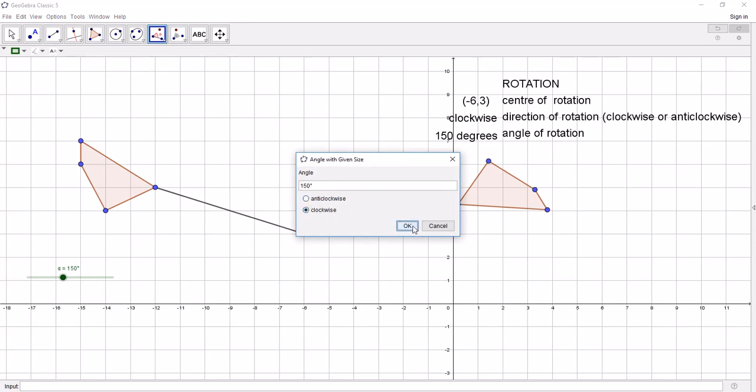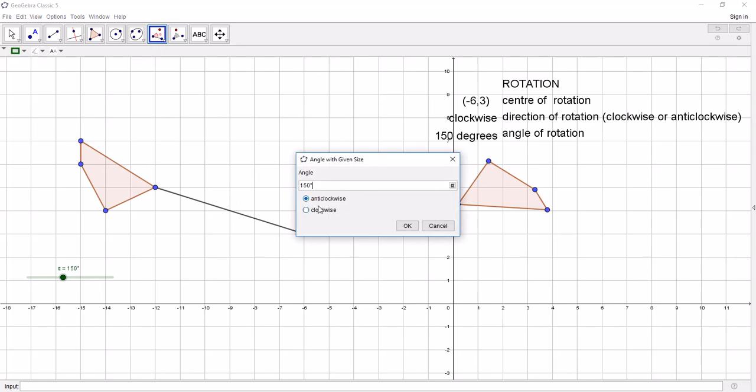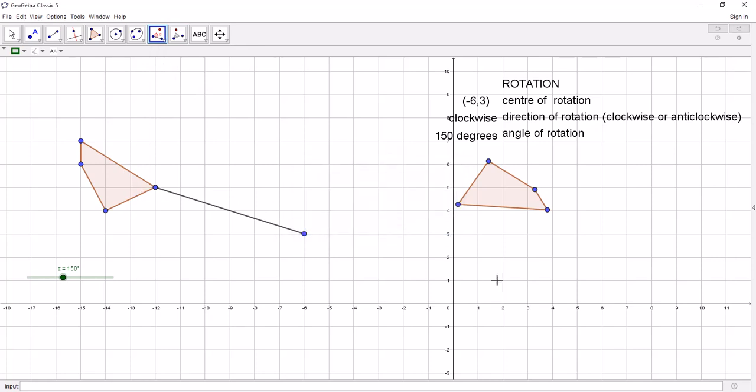So how you would do this in real life, oh, I've put it in the wrong place. So I want it from here, I want an angle with a given size, and I want that clockwise, and it's still there, I'm doing something wrong, hang on, let's sort that out.